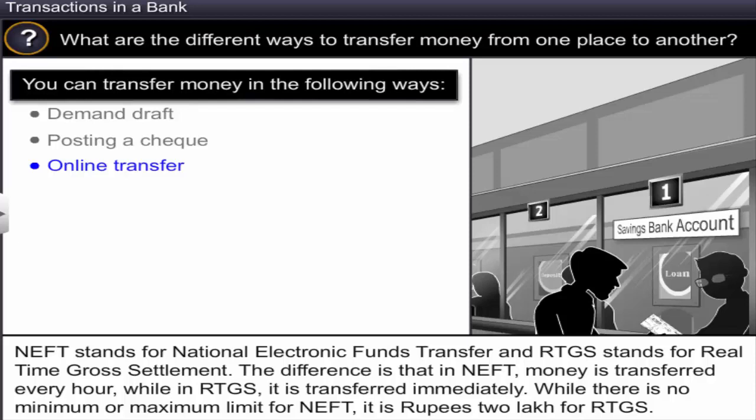The difference is that in NEFT, money is transferred every hour, while in RTGS, it is transferred immediately. While there is no minimum or maximum limit for NEFT, it is Rs 2 lakh for RTGS. This can be done either at a bank branch or over the internet.